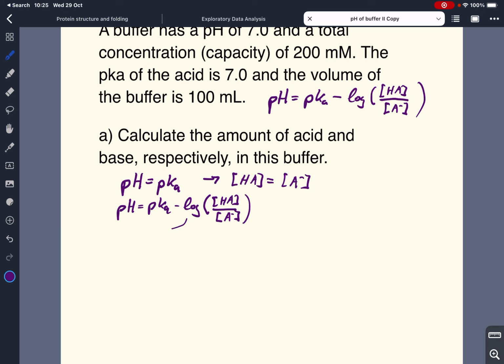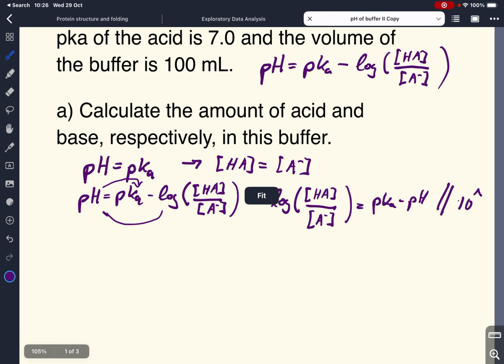We bring this to this side and we bring the pH to the other side, and we get log of the acid concentration over the base concentration equals pKa minus pH.